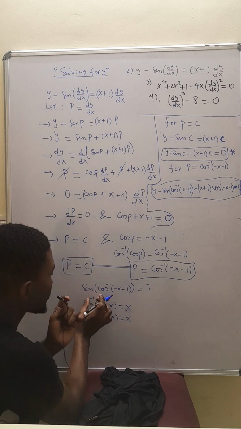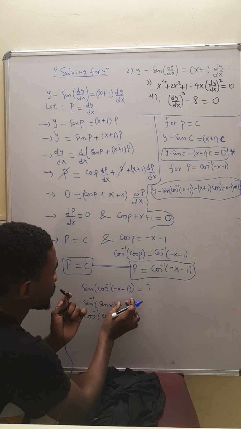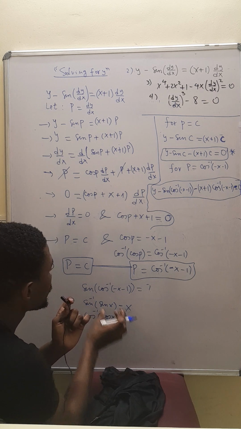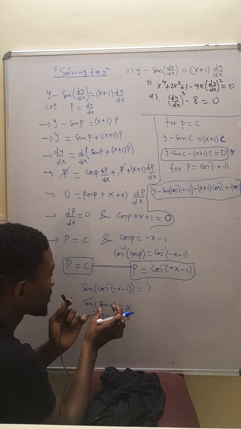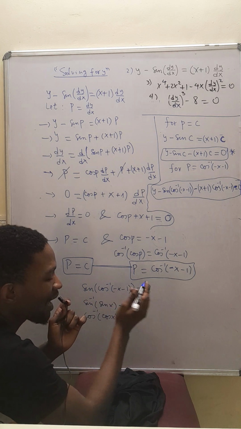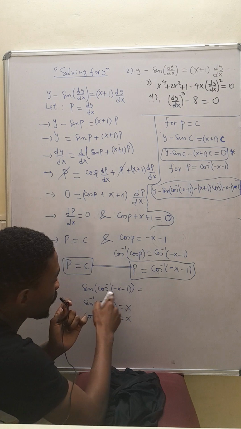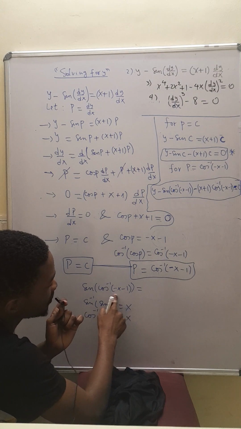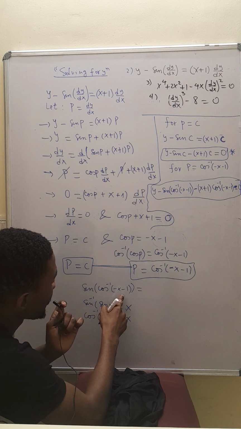So if I have sin of cos inverse, what should I do? Express the sin as a function of cos, so it can be expressed in terms of the argument.